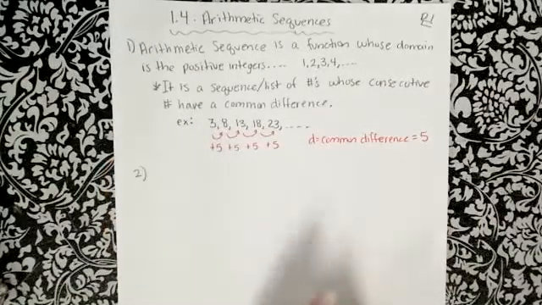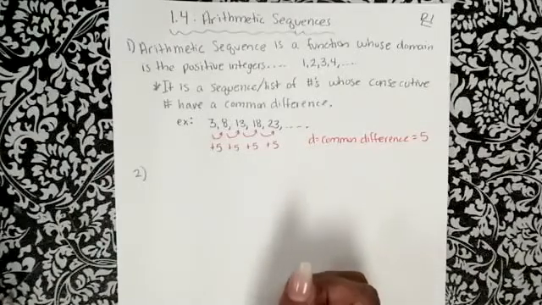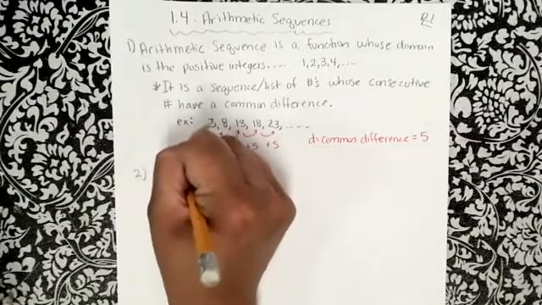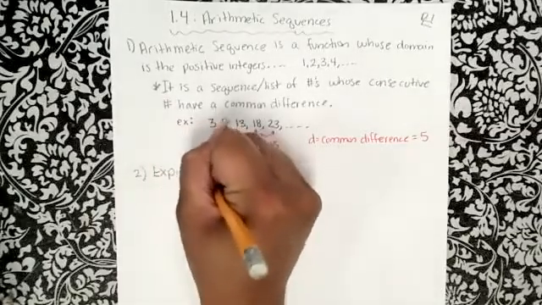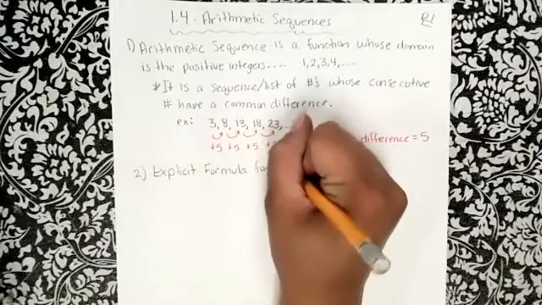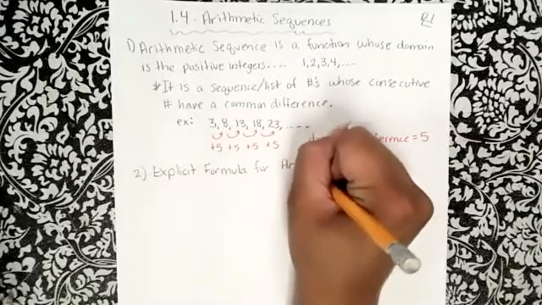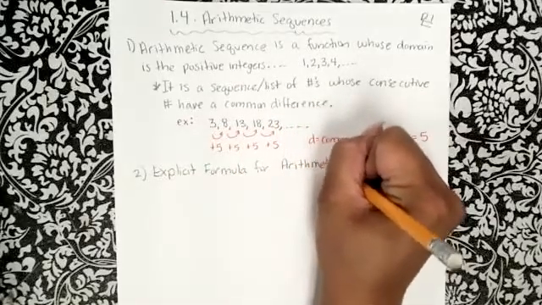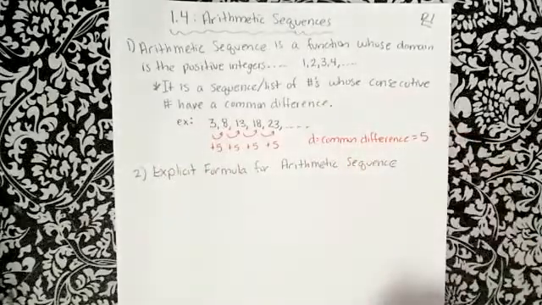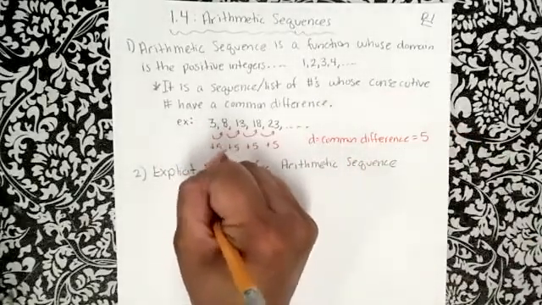Now we have two types of formulas here. One type of formula is the explicit formula for an arithmetic sequence. And that formula is A of n.